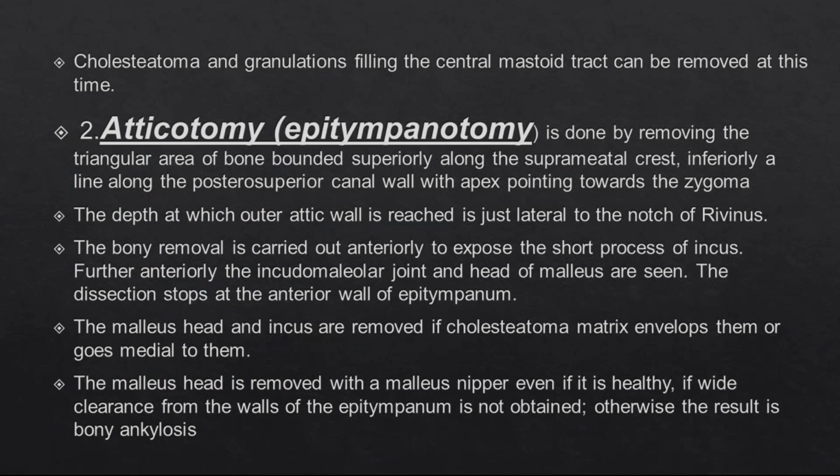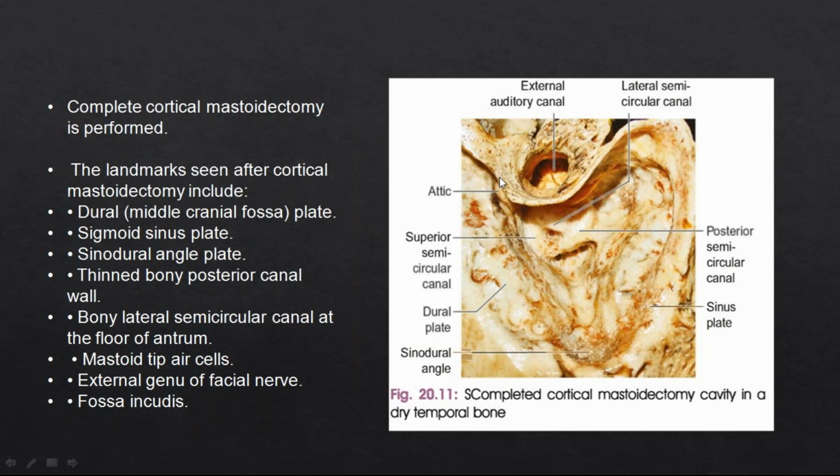Atticotomy or epitympanotomy is done by removing a triangular area of bone bounded superiorly by the suprameatal crest, inferiorly by a line along the posterior superior canal wall, with the apex pointing towards the zygoma. So this is the atticotomy. This is the zygoma; the apex points towards the zygoma.